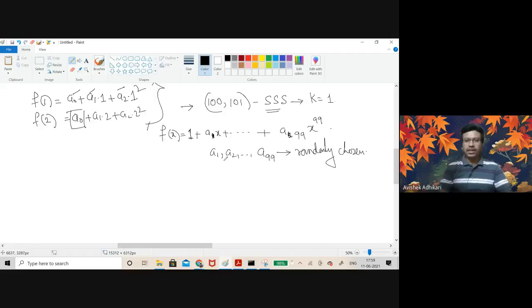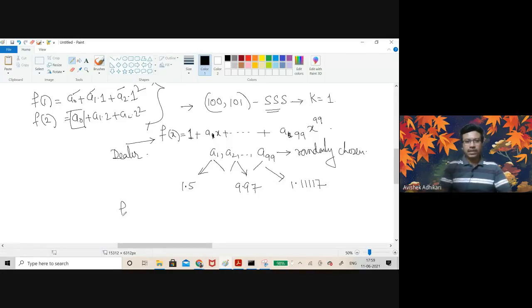Look, this is done by the dealer. He will first choose these values randomly. Suppose the A1 value is say 1.5, the A2 value is say 9.97, this value is say 1.11117, and so on. So he has chosen 99 random values.